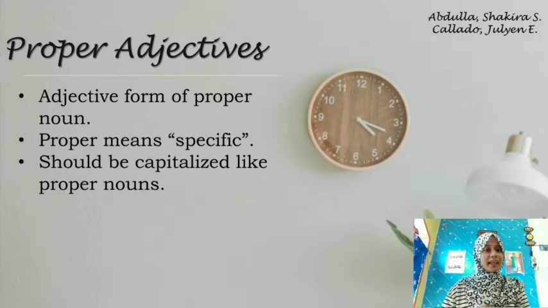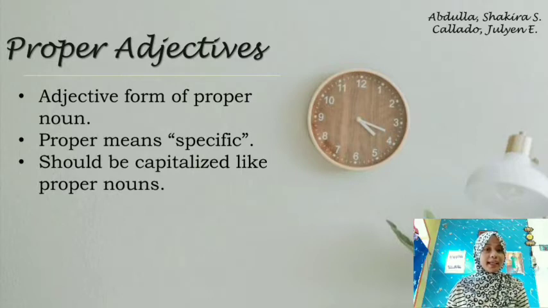An example is the proper noun, the place South America. The proper adjective that can be derived from South America is South American. Another example is the believer of Buddha. Buddha is a proper noun, and the proper adjective that can be derived from Buddha is Buddhist.